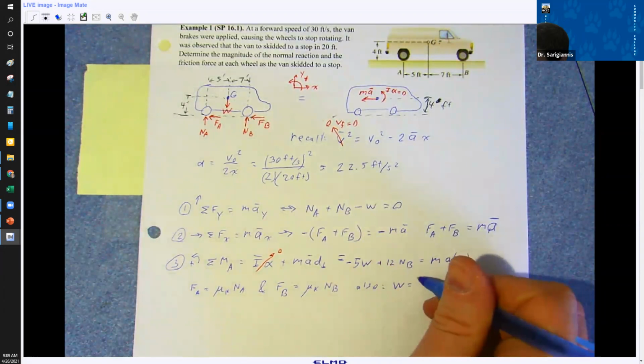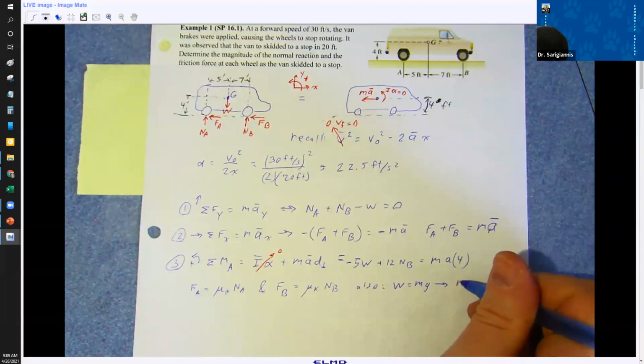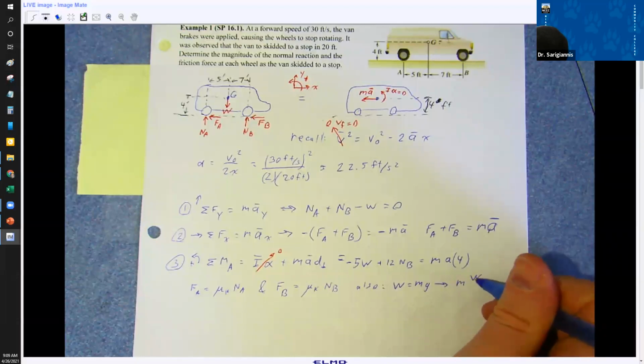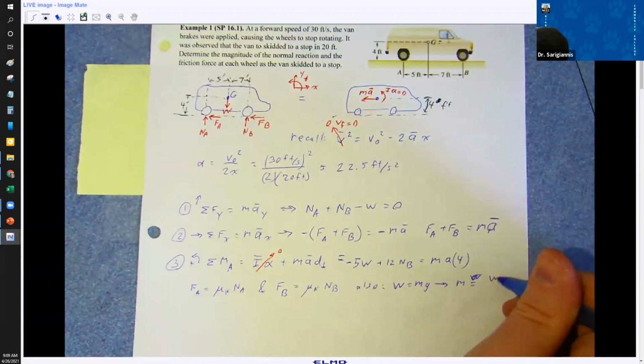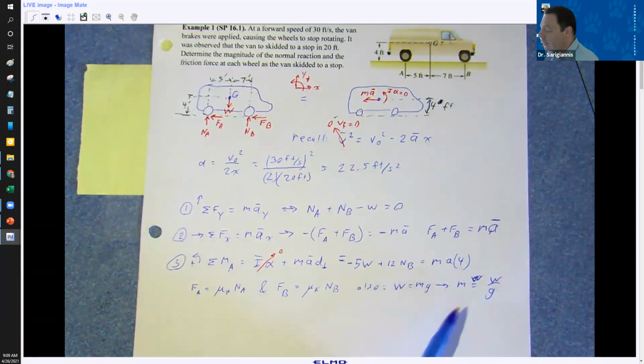the weight is mass times gravity. So this means that the mass is weight over gravity, gravitational acceleration, right? Remember, mass is a derived unit in US units.